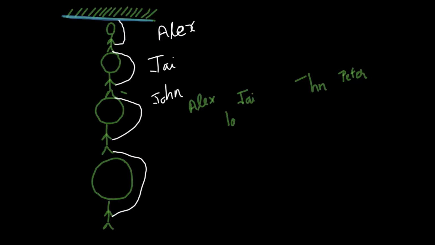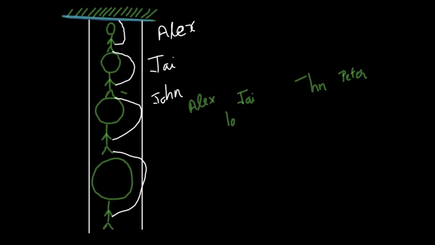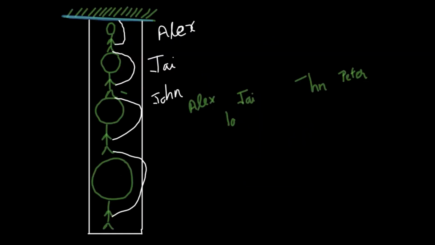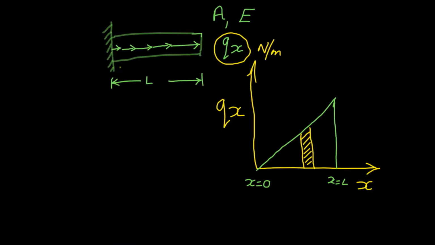Now if you compare this particular physical scenario with our physical scenario, this is like a bar that is subjected to uniformly varying axial load. Both the physical scenarios represent the same concept.